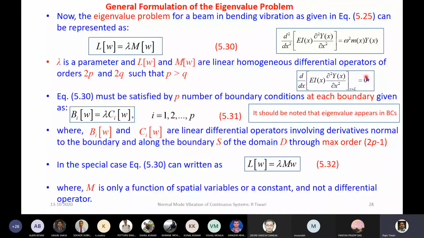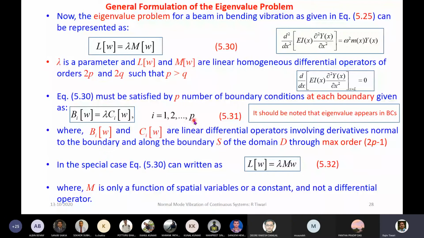So that means I'm saying B_i operator, this is also a differential operator applied to W, is equal to lambda C_i, another operator, this is not a constant, which is applied to W. So the more general boundary condition is this one, in which we can have operators B_i and C_i on both sides, and even we can have this lambda eigenvalue in the boundary condition.